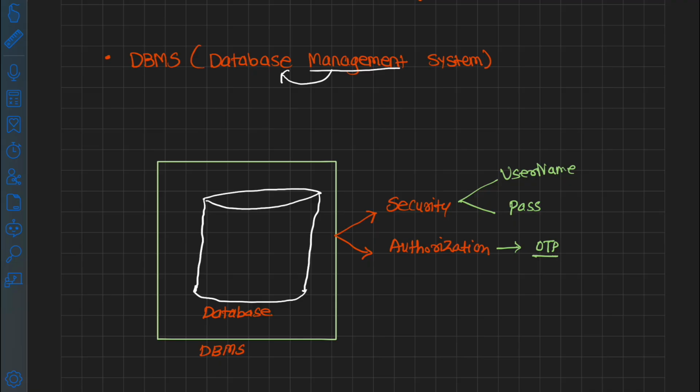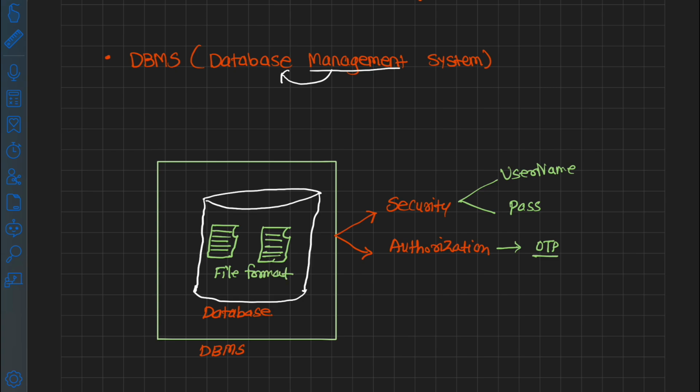And the third most important point is that in DBMS we store the data in file format. This is the most important point: file format.